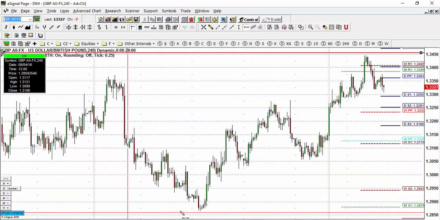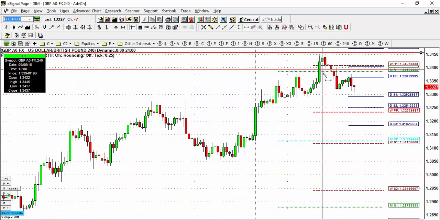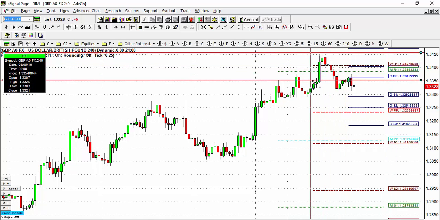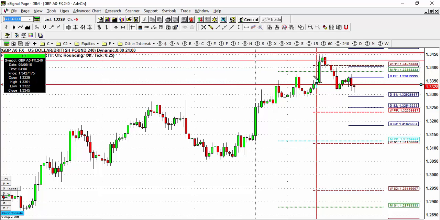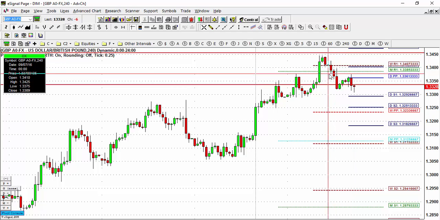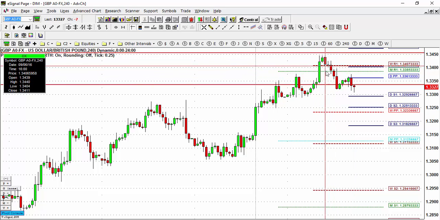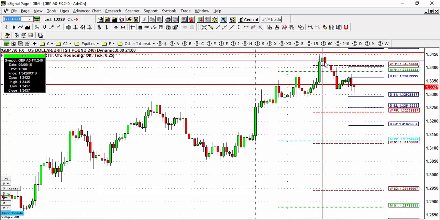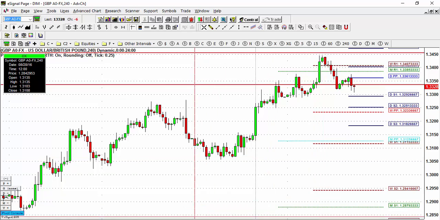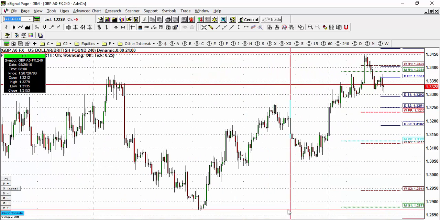I said that the market is coming into an area of monthly resistance, the market came up into that area, and I said we should look for a sell signal, which happened around here. Ever since, the market went down approximately 100 pips for the British pound versus the US dollar.